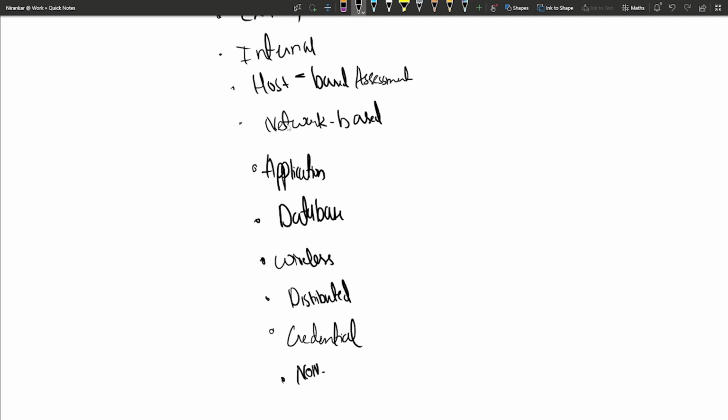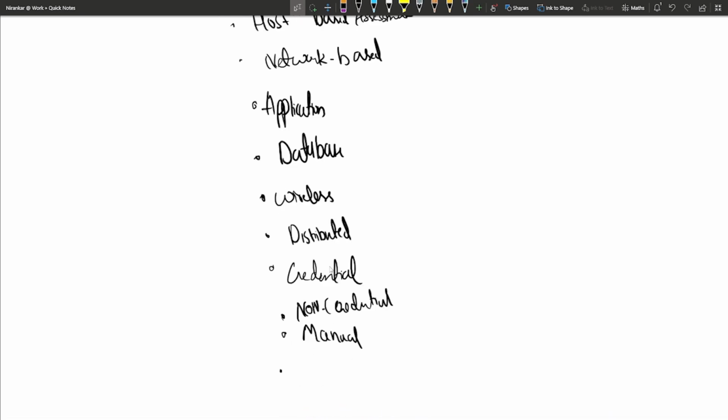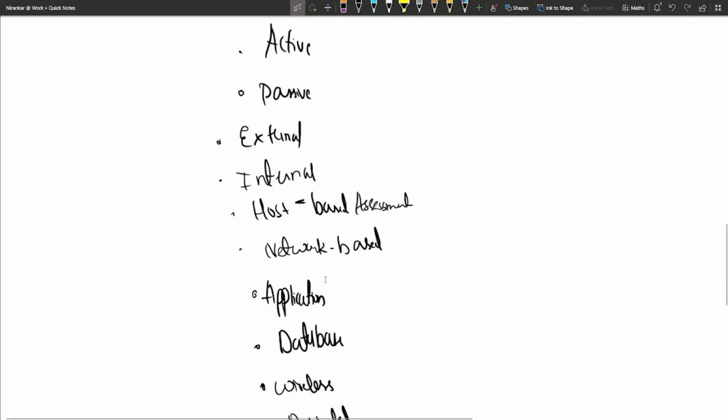Non-credential based: here we don't have any credentials, but we have to assess the system. Manual assessment and automated assessment. Those are the different assessment types. Let's talk about everything one by one.